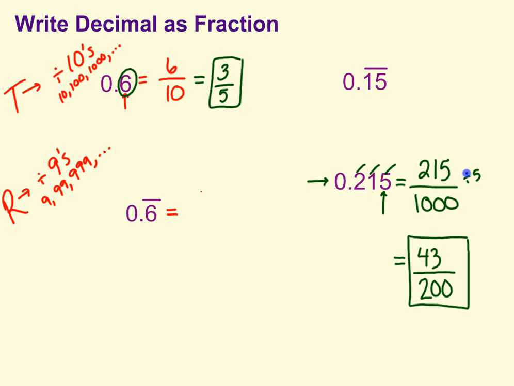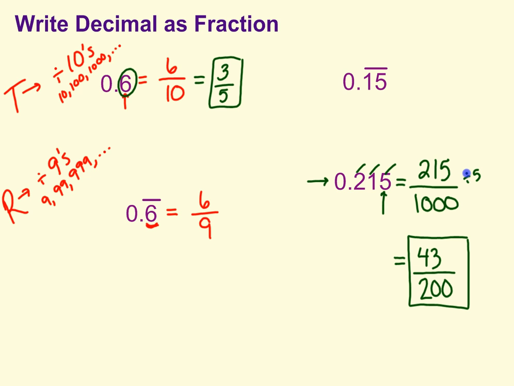Start by taking the decimal off. The thing that's repeating is 6, so we have 6 over. Now how many places is this? It's just one number after the decimal, so you're going to divide it by 9. If you had 2 numbers after the decimal, you divide it by 2 nines, which is your 99. 3 numbers after the decimal, you divide by 3 nines, which is 999.